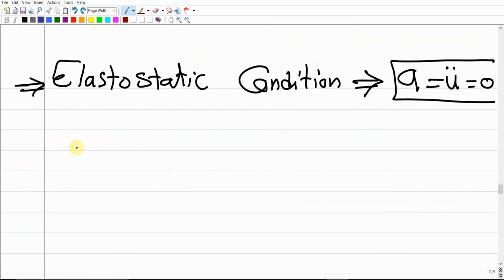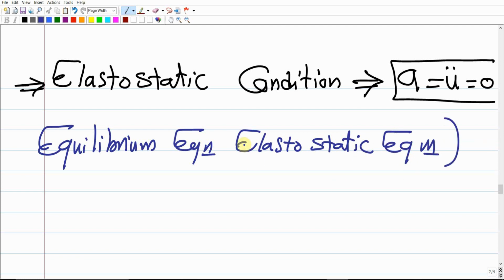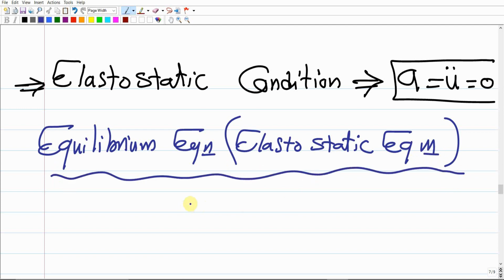So generally speaking, the equilibrium equation under the condition of elastostatic equilibrium, we can write this one as EQM, I mean equilibrium equation, right? So this is the equilibrium equation for the elastostatic equilibrium.